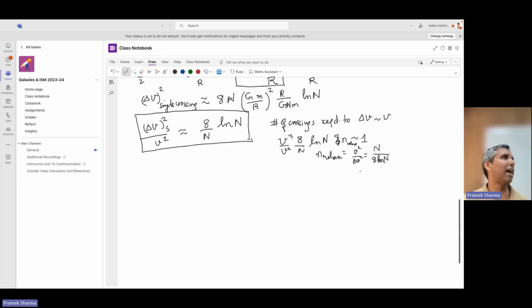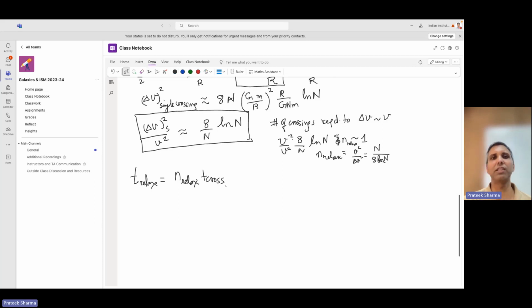Suppose your n is 10 to the 11, right? This is 10 to the 11 divided by natural log of 10 to the 11, which is really nothing. So this is an important thing. We can also define something called T relax, right? We can convert this number of crossings required for relaxation to a time required for relaxation. That's nothing but n relax times T cross.